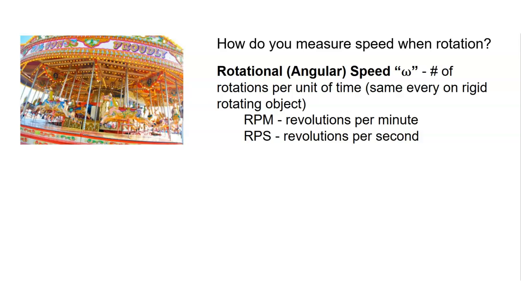The horses closer to the inside will travel a smaller distance, but they will all have the same rotational speed because they will take the same amount of time to make one rotation all the way through. And so we can describe this motion using RPM, revolutions per minute, because this horse is going all the way around, or we can describe it as revolutions per second.